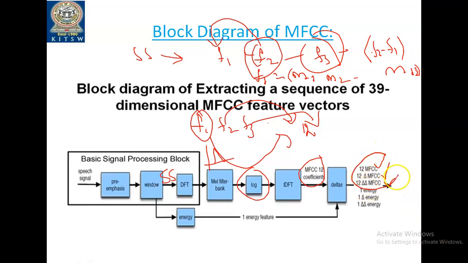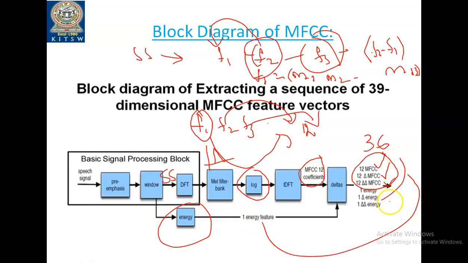From here we will get 36 coefficients, and the remaining 3 coefficients come from the energy, because you are also going to calculate the energies. Directly one energy feature, and when you apply single delta you get another, and if you apply double delta you get a third. So total 36 plus 3, 39 coefficients you take into consideration from the MFCCs.